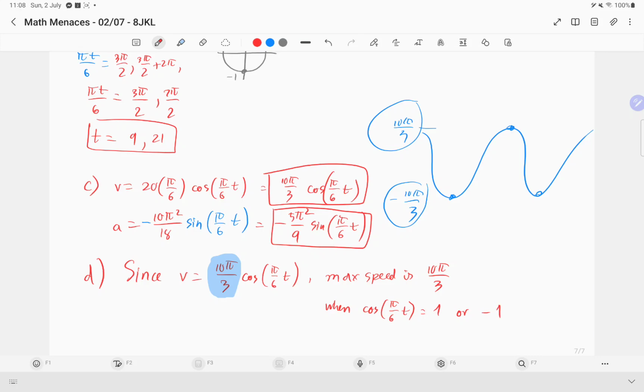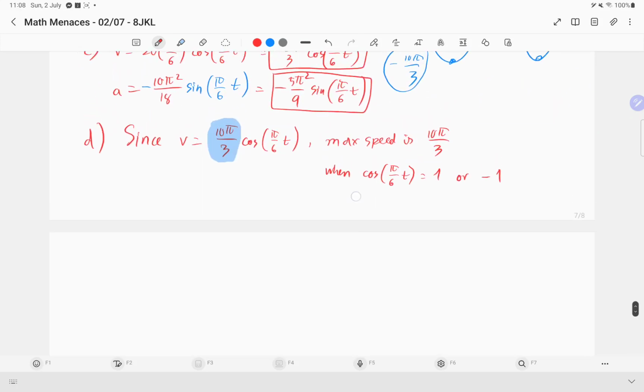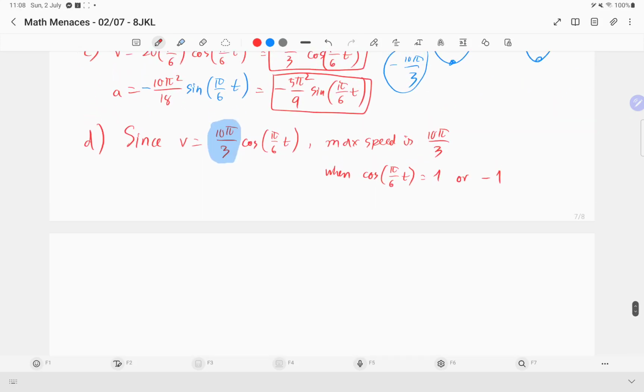Okay, this first statement for question D is the most important one. If you get it, you'll be able to do D easily. Alright, Charlie, have a look at question D. So 10 pi over 3 is a constant.